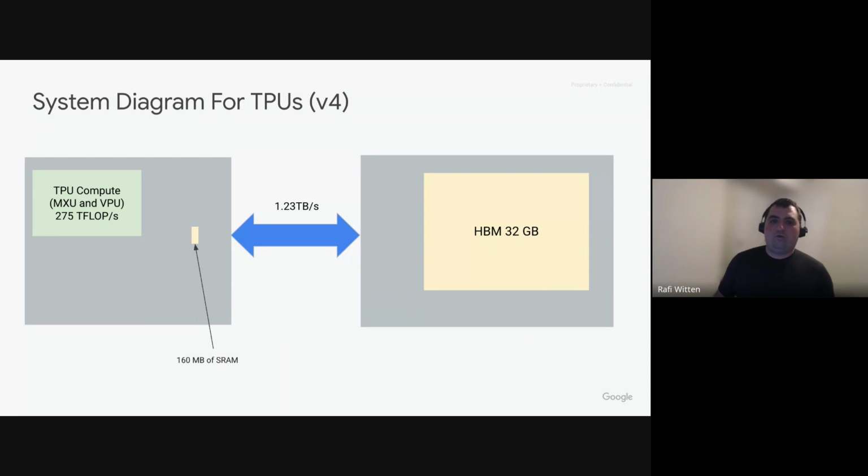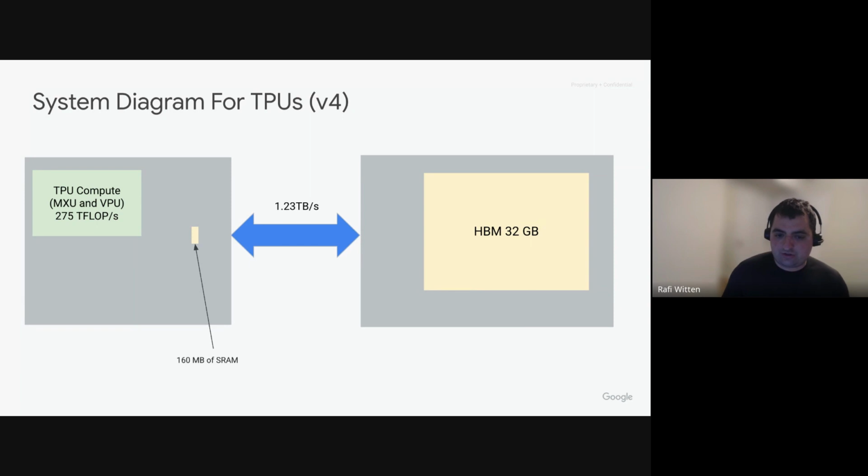Okay, so what is the system diagram for a TPU v4? This is a one chip system, and it ships as two separate things. On the left, we have the TPU, which is 275 teraflops of compute. It has 160 megabytes of SRAM, which is the memory on the chip, and it has 32 gigabytes of HBM on the right. These are linked at 1.23 terabytes per second for a v4 chip.